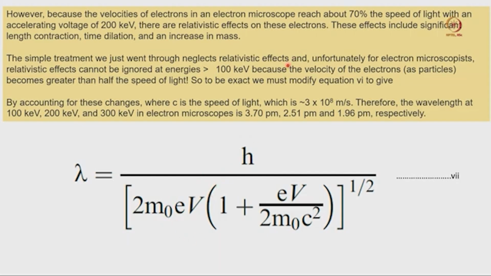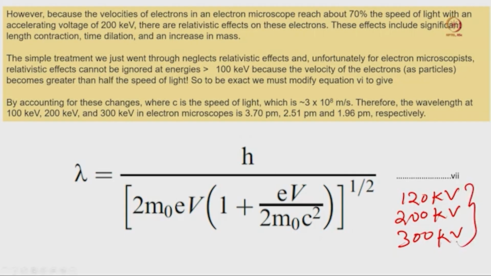And you always remember that most of the time in electron microscopes we are talking about 3 different types of voltage: the 120 kilovolt microscope, the 200 kilovolt microscope, and the 300 kilovolt microscope. This is called the high tension. When you switch on, this is called the accelerating voltage, and it helps us to accelerate the electron. So definitely this voltage is playing a very vital role.